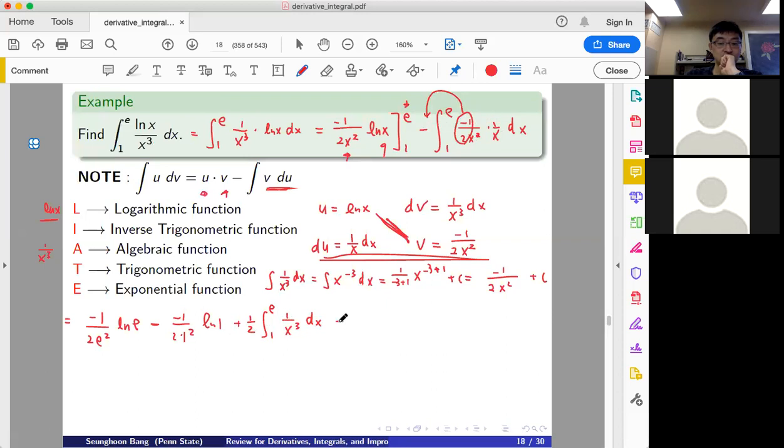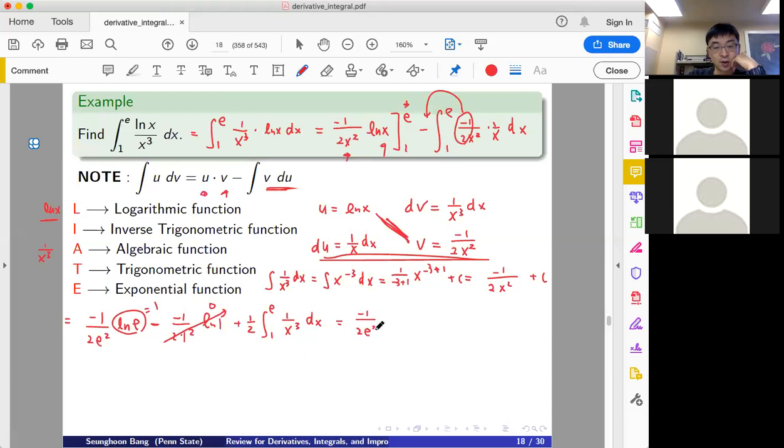The ln of 1 is 0. What is ln of e? Do you know ln of e? Yep, this is 1. So 1 times minus 1 over 2 times e squared.